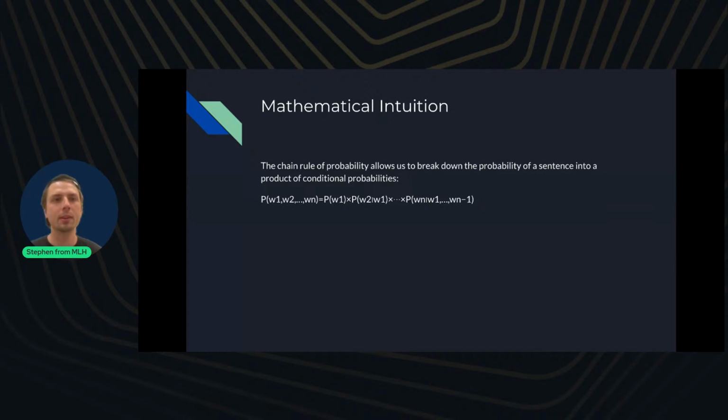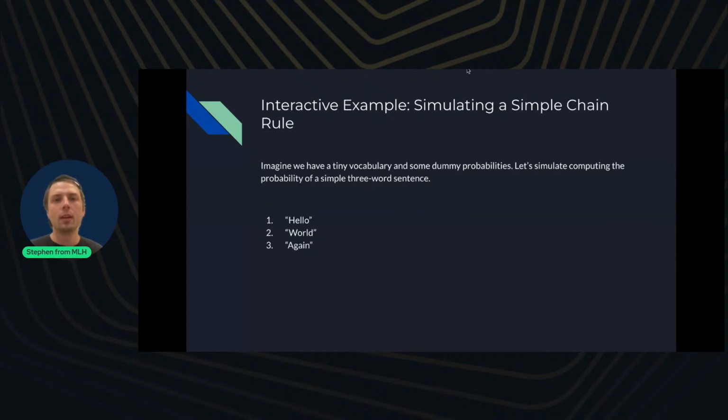But today we're going to do something a little bit more simple, which is a simple chain rule. We're going to compute the probability of a simple three-word sentence, and we're going to use our workshop codes to do this.